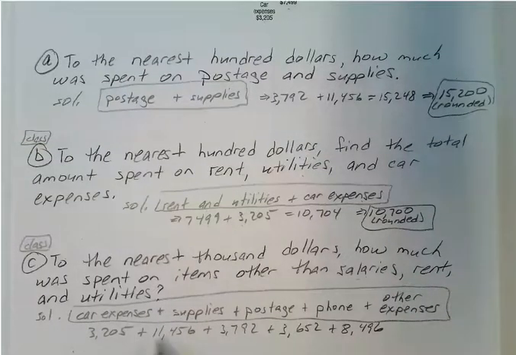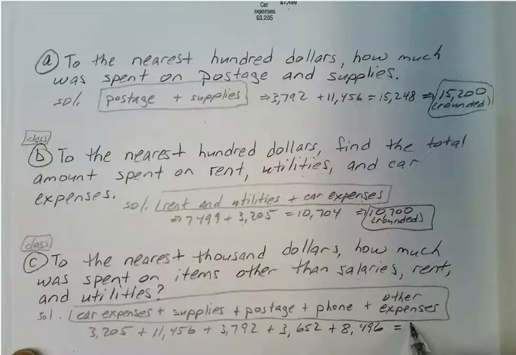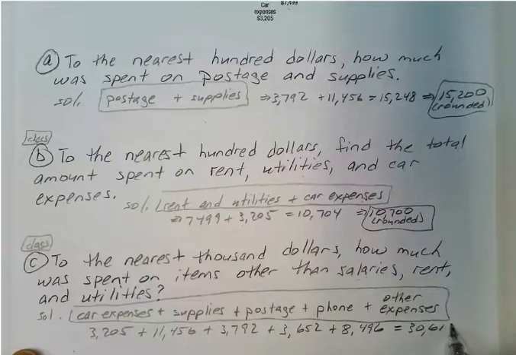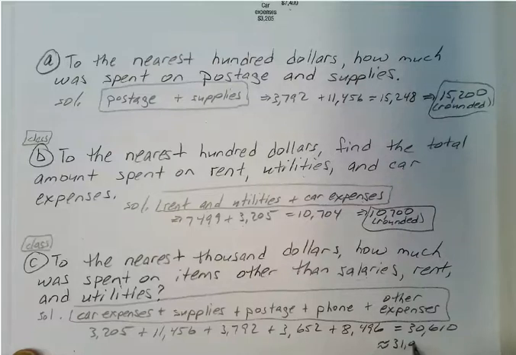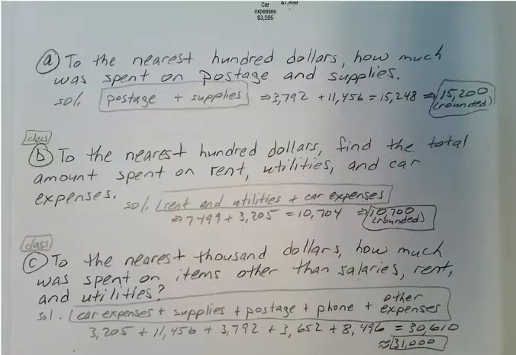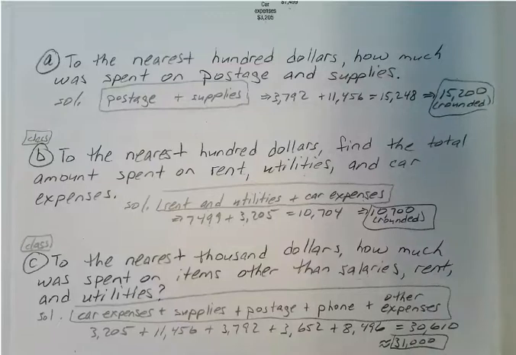Okay, so if you add all of those together, you end up with $30,610 or $31,000 when you round your answer. If you are still writing this, feel free to press pause and finish up, but we're going to go ahead and move on to our next example.